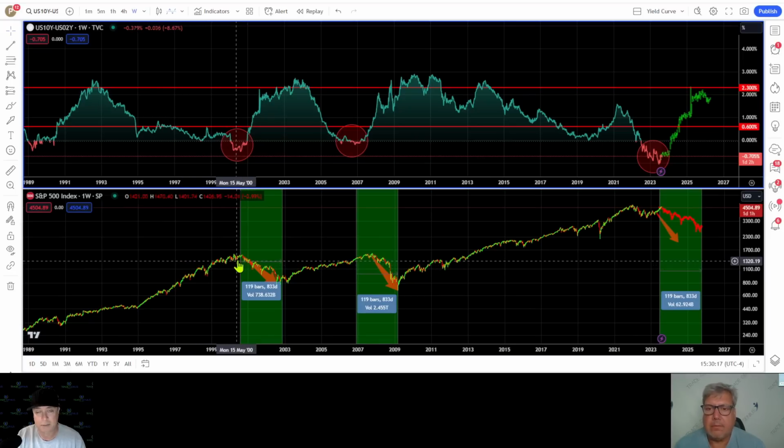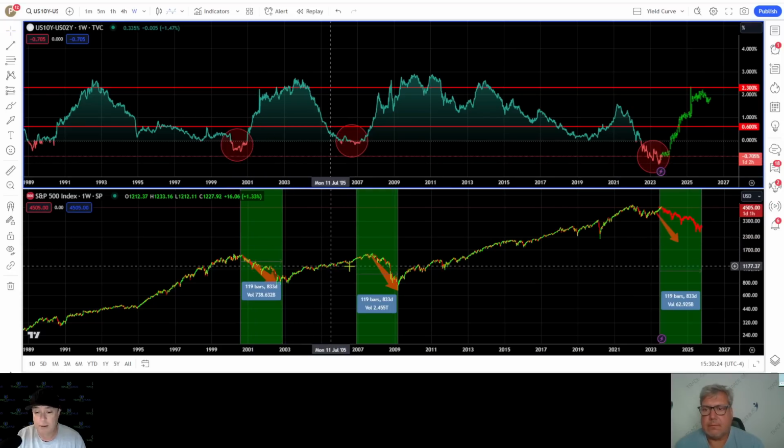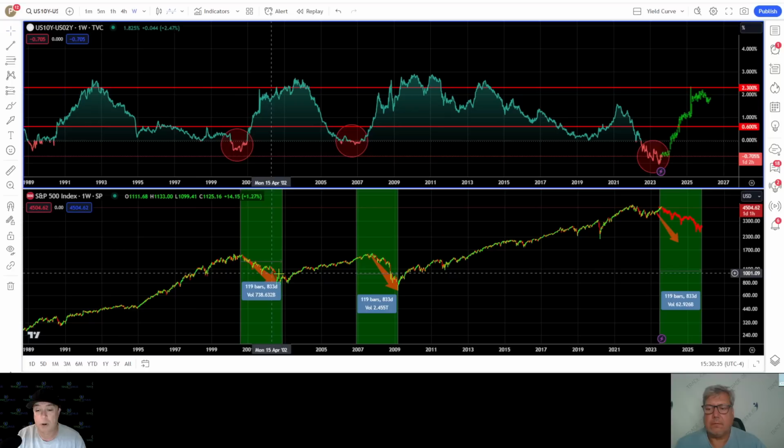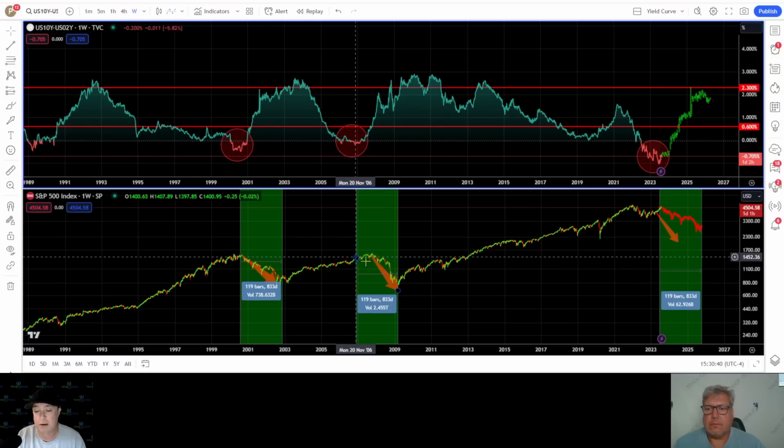And all of a sudden it runs out of steam, rolls over. What's happening? Yield curve inverts, starts to normalize. Same thing going into '07, '08, right? Up, very little correction, starts to level off, rolls over, yield curve inverting there, and then we normalize through this thing rolling over. Both of these times, over 100 weeks, about 119 weeks is what the shaded area is covering.